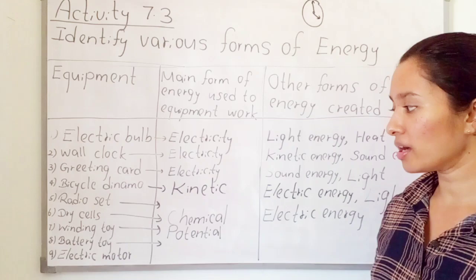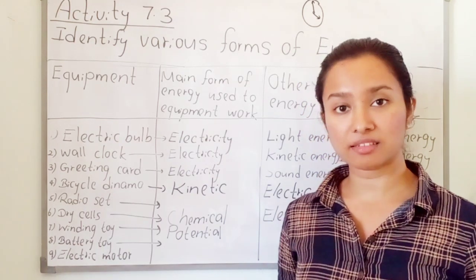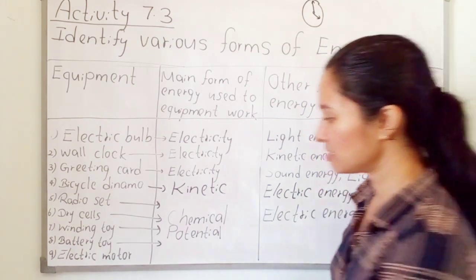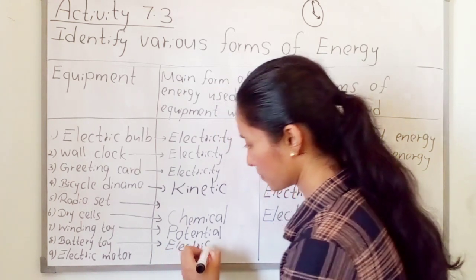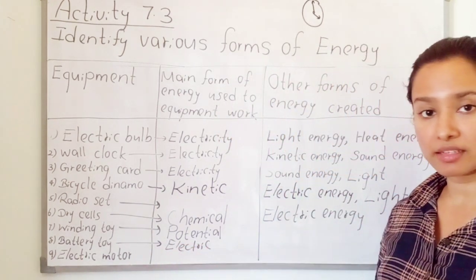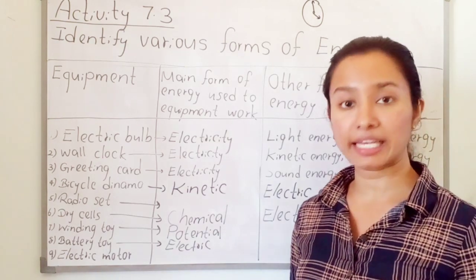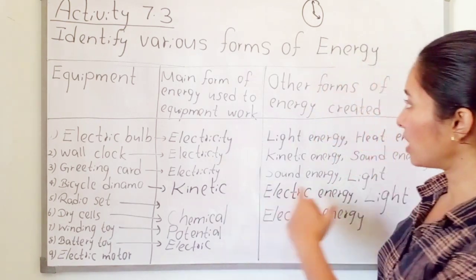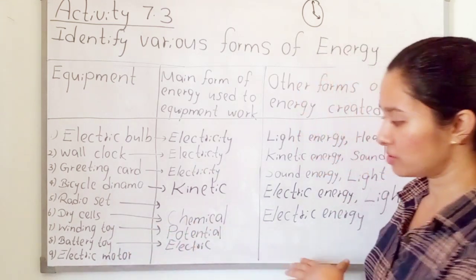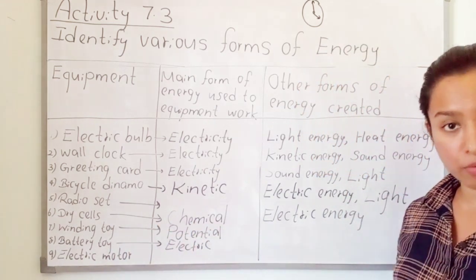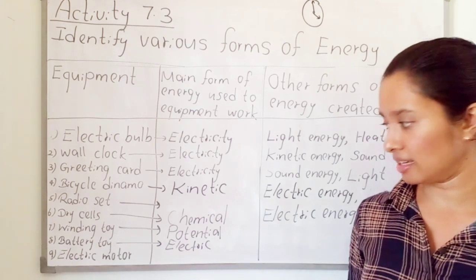The toys work by batteries. Here, this is electric energy. From the batteries, electricity is generated. Then, what are the other forms of energy created? We can write these ones also: kinetic energy, sound energy and light energy.